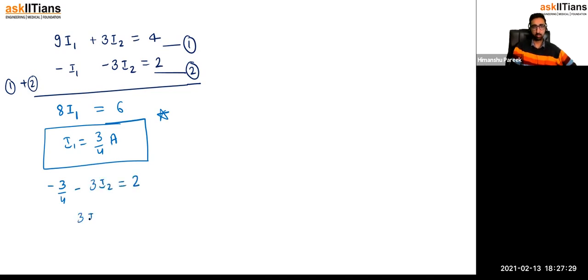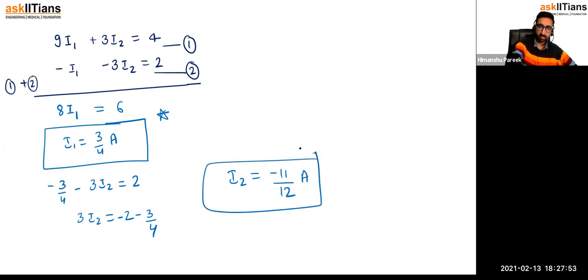So 3I2 is equal to minus 2 minus 3 by 4, which would give you I2 equal to minus 11 divided by 12 ampere.